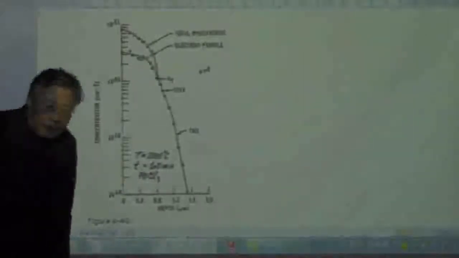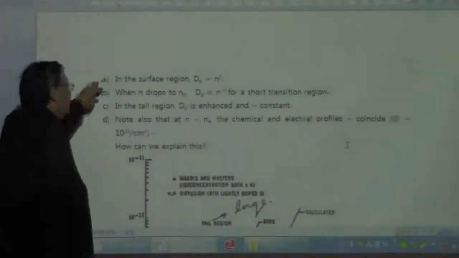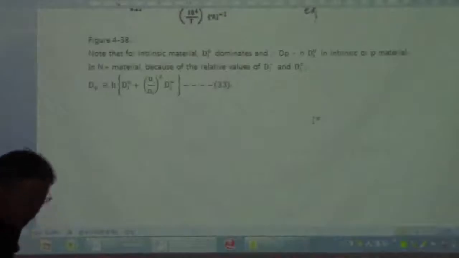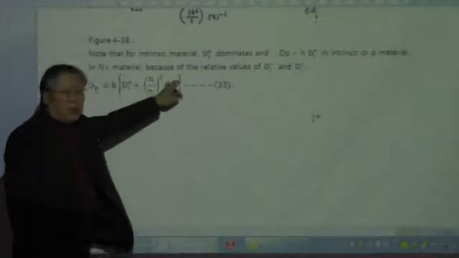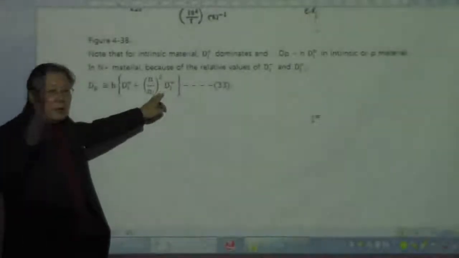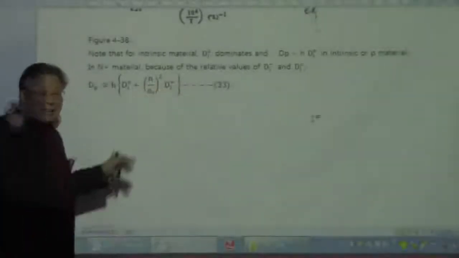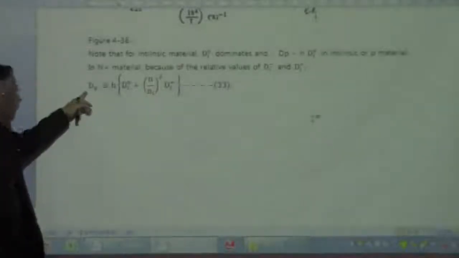Now, the deviation has been pointed out here. At the surface, the diffusion coefficient is proportional to n squared, which means the former diffusion coefficient equation will dominate the whole thing at the surface, because at the surface the concentration is the highest, okay?